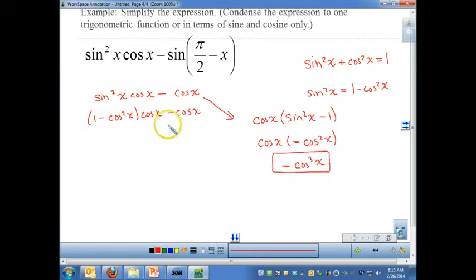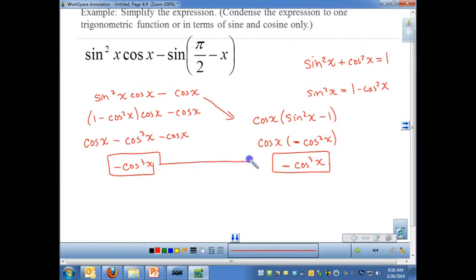Now let's suppose we didn't factor that out. What if we went ahead on with this substitution? So I would end up with the cosine of x minus cosine cubed of x, and then minus cosine of x. And I see that cosine of x minus cosine of x would cancel each other, and I get minus cosine cubed of x.